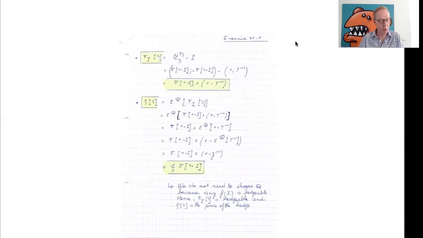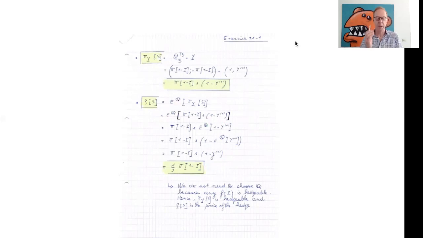Let us now have a look at ρ(S), where ρ(S) is the expectation under Q of π_y(S). So we have the expectation under Q of π(1 − I) multiplied by (1 − y_1). And if we work this out a little bit, we find that this is 1/2 π(1 − I).